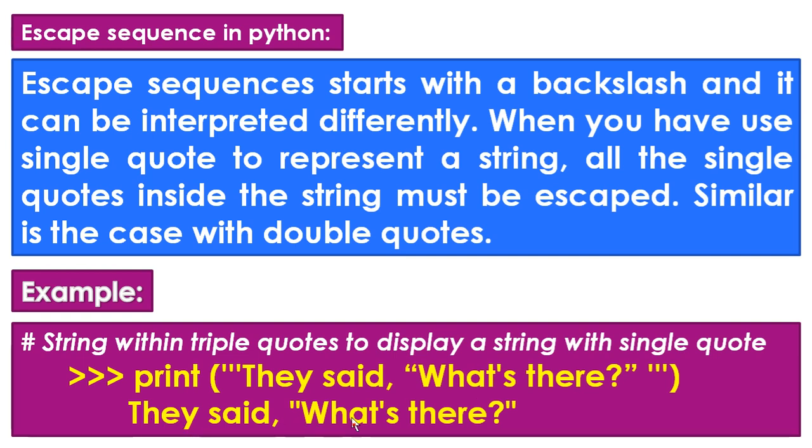So here see there is an output: within double quotes what is there, and here a single quote is also there. So two double quotes and single quotes are printed here by using the print option. We use the triple single quotes, a string within triple quotes to display a string.